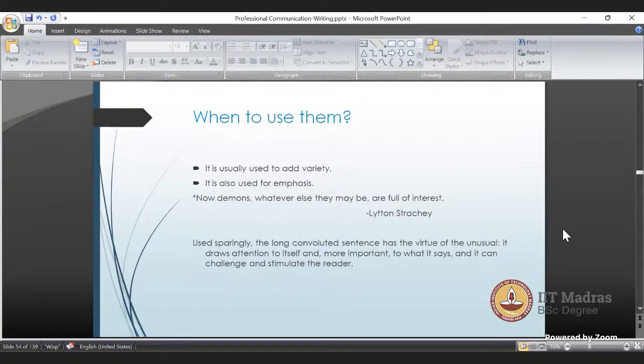Formal writing will always go for your periodic structure, right? Because that helps you with two purposes. One is adding emphasis, and the other is placing things with greater prominence towards the end, and our purpose is fulfilled.